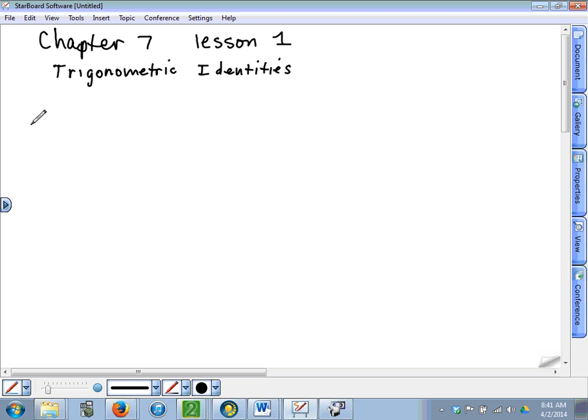So, here are some identities. Here's some of the ones you're going to have memorized. These are called the reciprocal trigonometric identities. The reciprocal identities are the following.